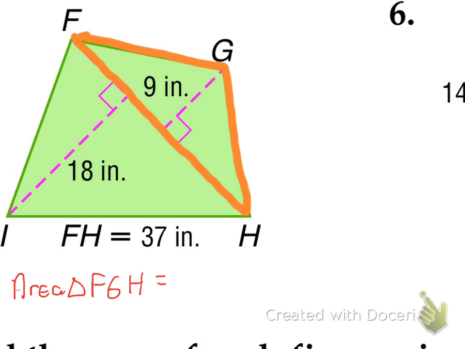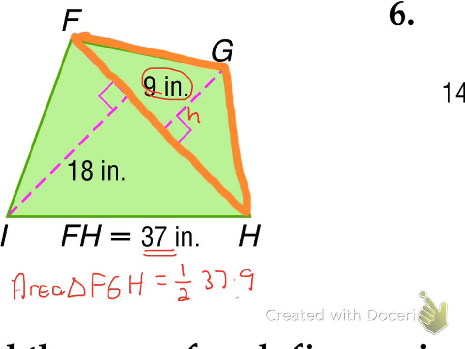Well, the 9 inches is measuring the distance from G down to the opposite side, which is FH. So it will be the height. That 9 will be the height of that triangle. The base of that triangle is segment FH, and they've told me that's 37, so that will be the base. So we get 1/2 of the base, 37 times 9.